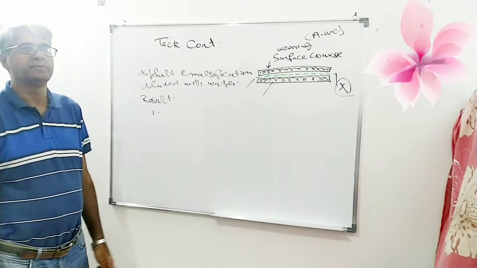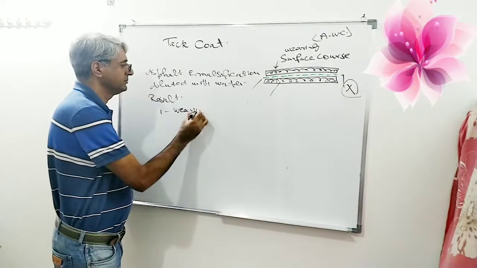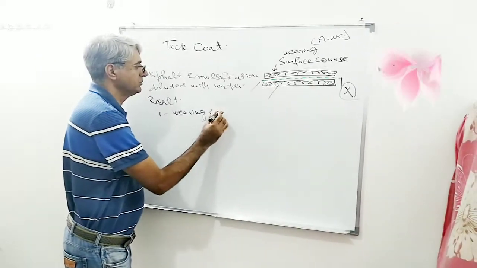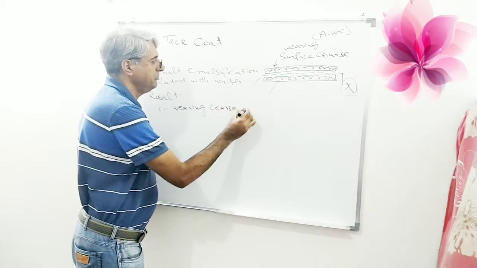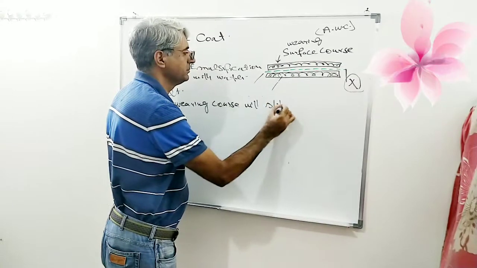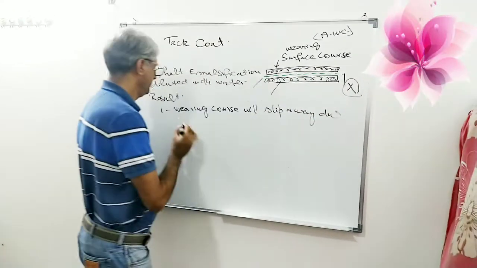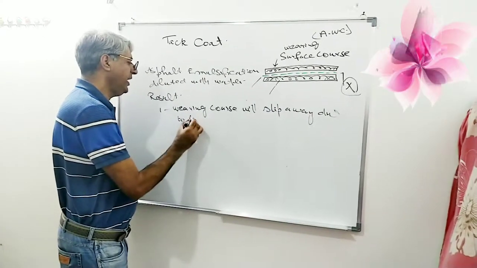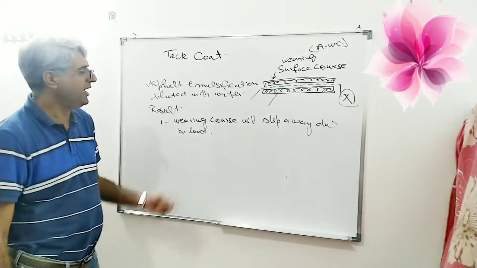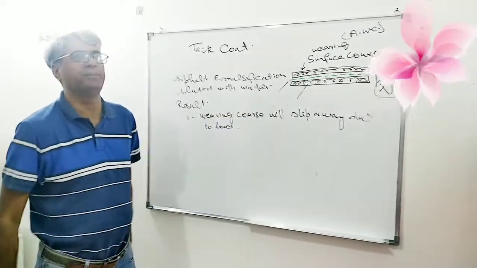First one, wearing course will slip away due to load. When this load is under during the surface life, because there is no bonding present between this, the wearing course will slip away.